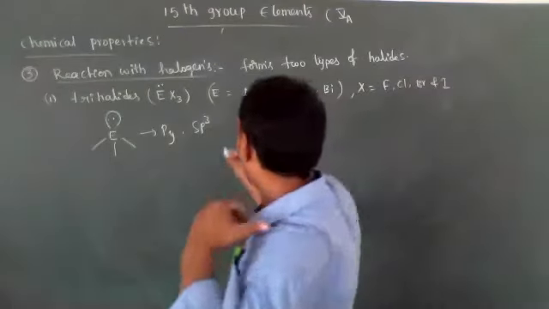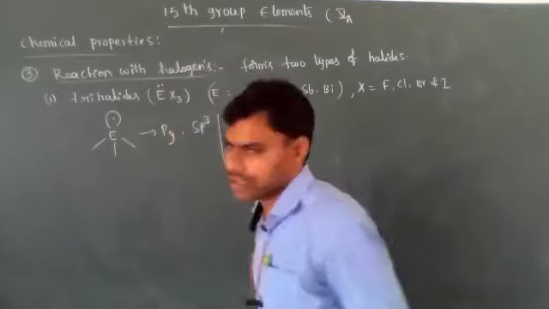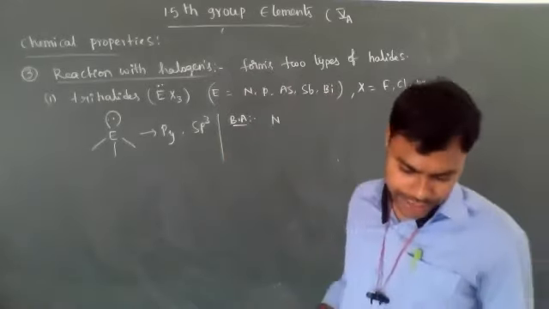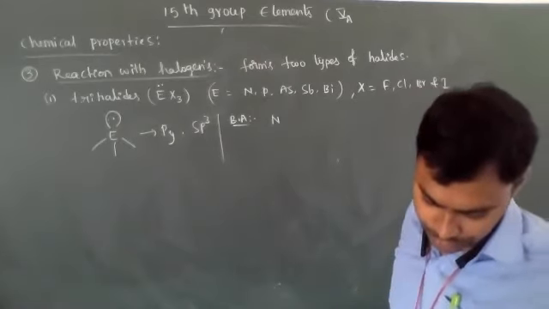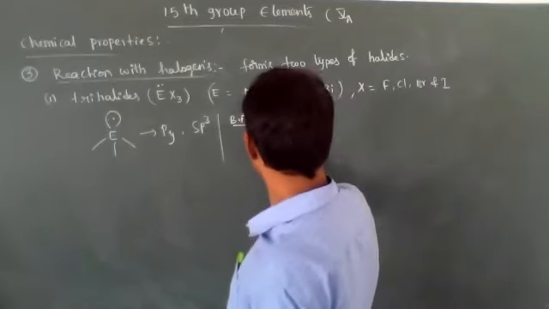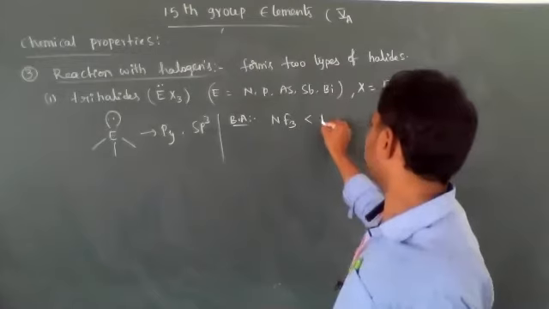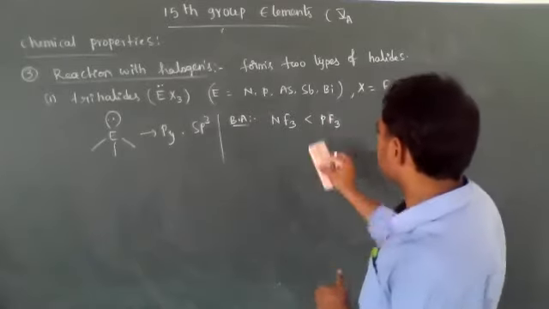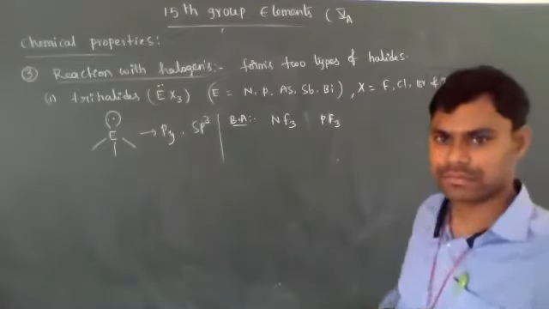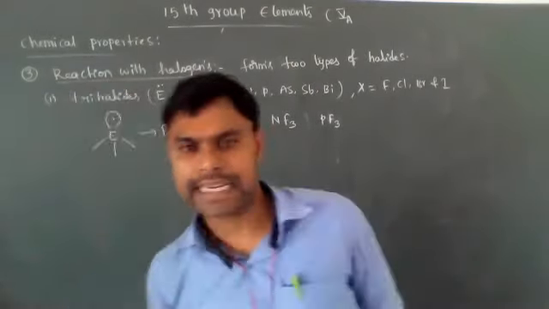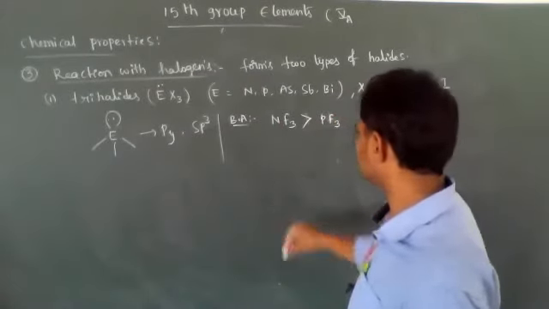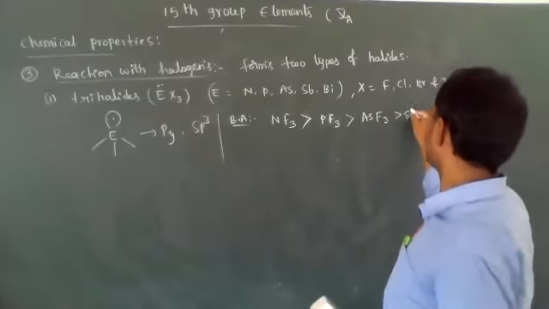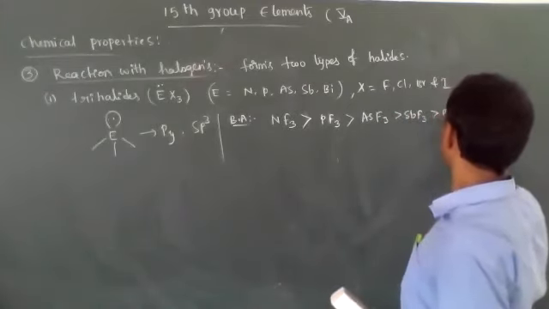Okay students, let's see the bond angles. For example, NF3, PF3. Here the bonded atoms are the same, and as the central atom electronegativity decreases, the bond angle decreases: NF3 is more than PF3, and so on through nitrogen, phosphorus, arsenic, antimony, and bismuth trifluorides.